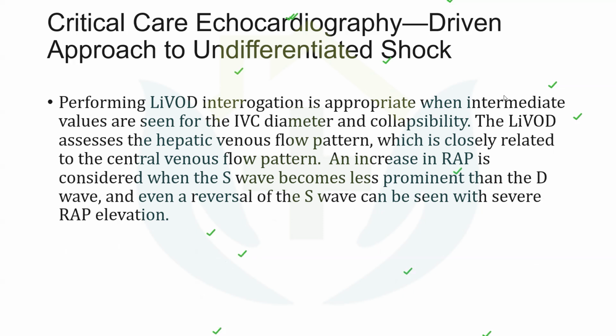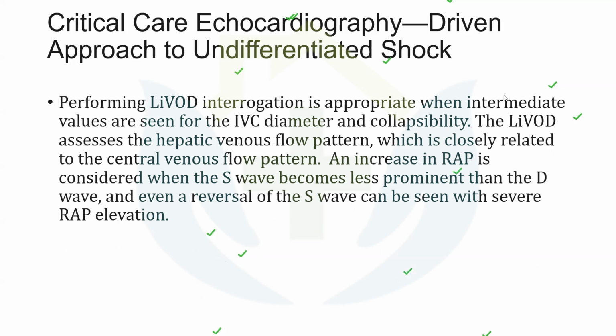Now, next step, LIVOD interrogation is appropriate, as I told earlier, when the IVC diameter and collapsibility are intermediate. The LIVOD assesses the hepatic venous flow pattern, which is closely related to the central venous flow pattern.